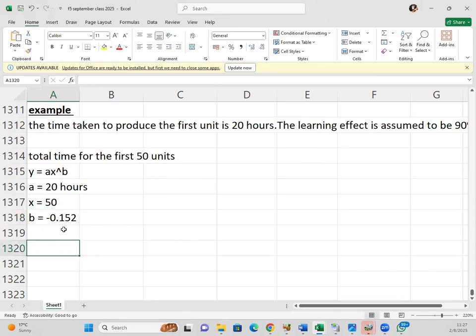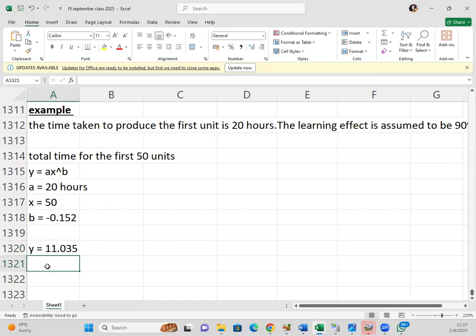So now we have the variables. Let's substitute in the formula. What do you get your Y as? 11.035. So this is the average time per unit.